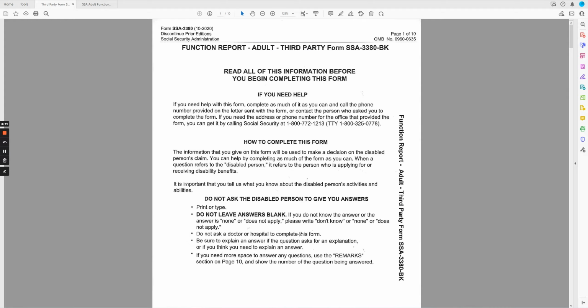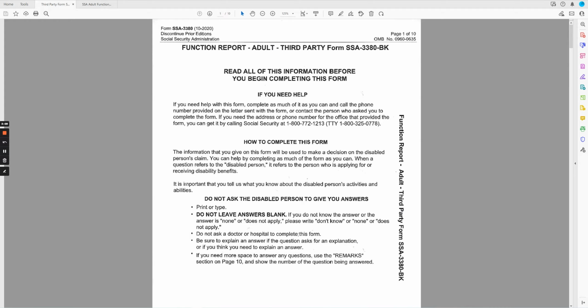So if you're the spouse or the significant other, this hopefully should be fairly easy, since you'll have the person right in front of you and you can just ask them for the form. If you're a friend or a family member who doesn't live with the disabled person, you should reach out to them and ask them to send you a copy of the Adult Function Report that they filled out.